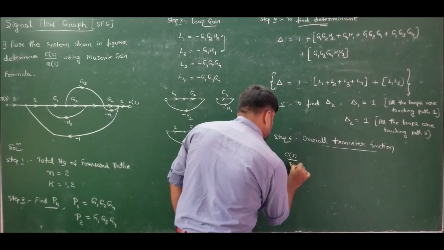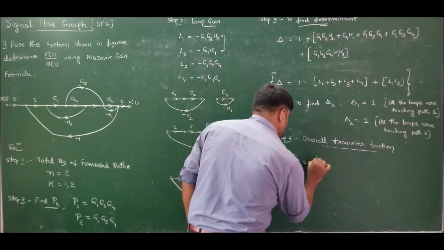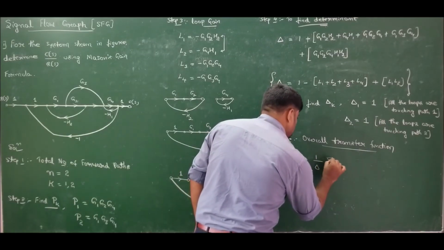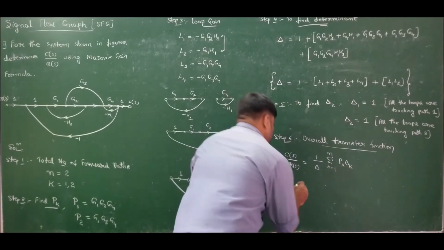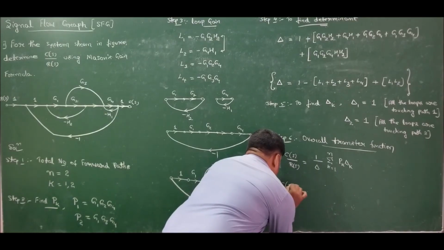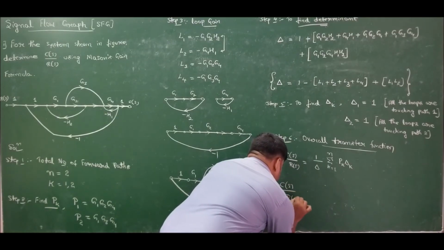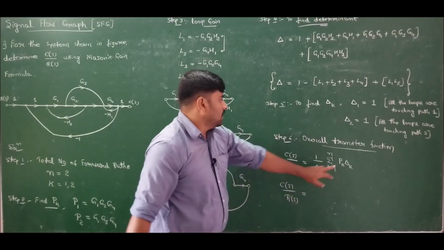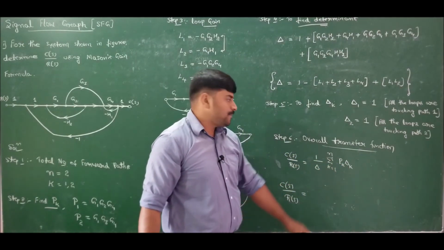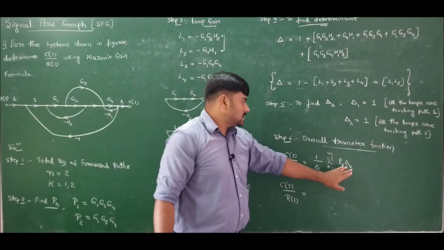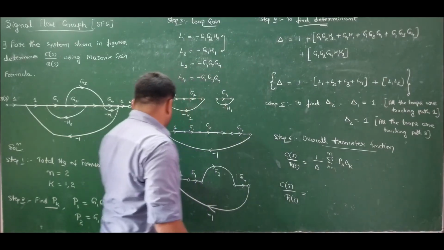C of S by R of S is equal to 1 by delta, sum of k varies from 1 to n, Pk delta k. So the solution for this problem is C of S by R of S is equal to P1 delta 1 plus P2 delta 2, because k varies from 1 to 2. How much is P1?